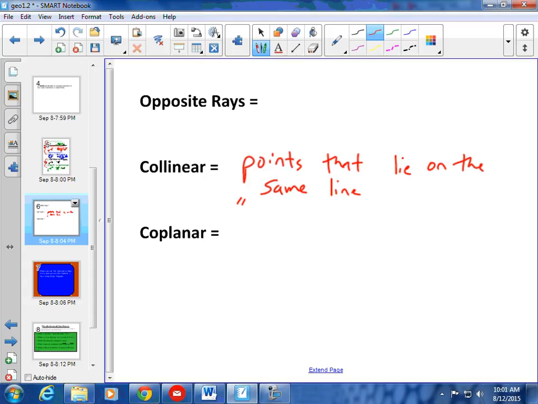So if we look at an example here, we'll say points A and C are collinear. Let's just give an example. And here's our, well, I'll draw a picture down here. Let's just actually draw a plane. And I'll try to draw a line.